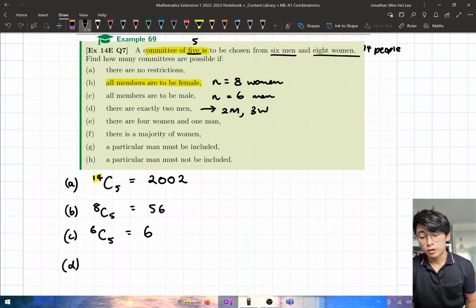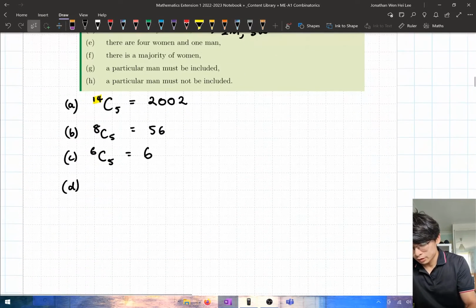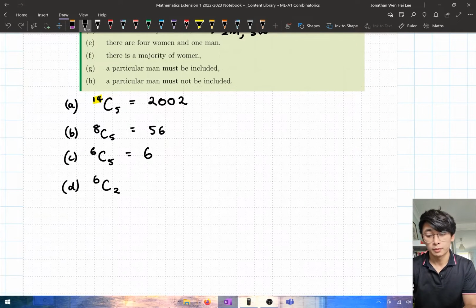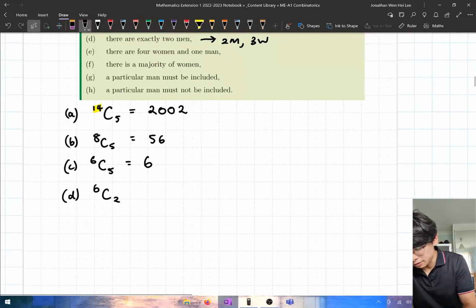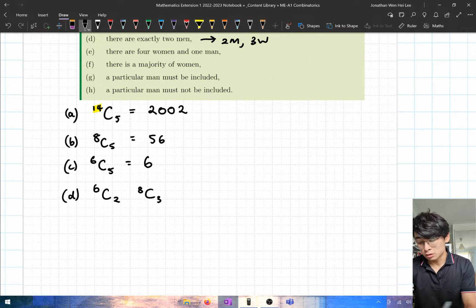Well, for the 2 men, how many men can we select from? Well, for the 2 men, we have 6 possible men, and we're choosing from them 2. How about the women? Well, we've got 8 women, and we're selecting 3. And all I need to do between the 2 of them is just multiply. So let me just make a note here.